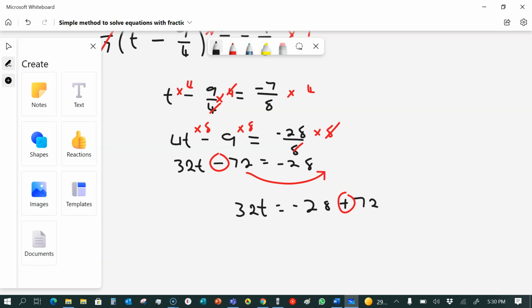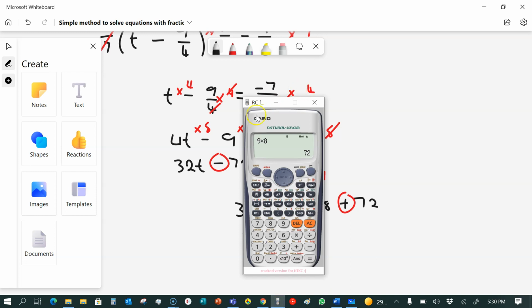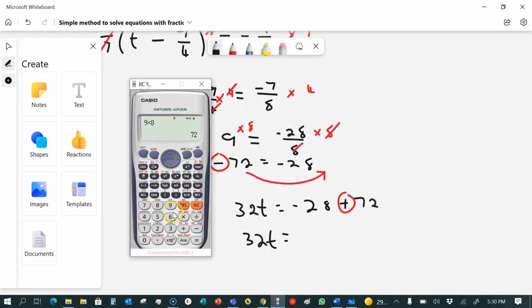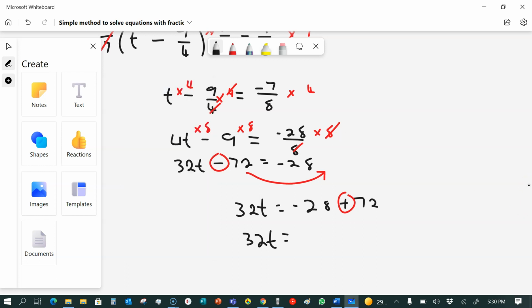So that means here we're going to put down 32t, which is equal to, and then you can use a calculator if you want, just say 72 minus 28, or you can write it as it is if you want. So this is subtraction and taking the sign of the bigger number. The bigger number, or the number with a bigger absolute value, is 72. So if you put this as it is, this would be negative 28 plus 72, which will give you a positive answer of 44. So that means on the right hand side now, I have 44.